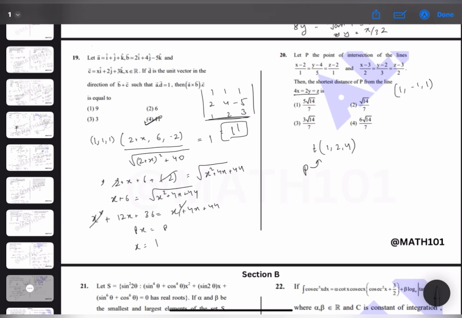So let point Q lie on this line, and this is point P. So PQ should be perpendicular to this vector. So (1 minus t, minus 1 minus 2t, 1 minus 4t) should be perpendicular to this. So we get 1 minus t minus 2 minus 4t plus 4 minus 16t equals to 0, by taking the dot product of this vector and this vector.